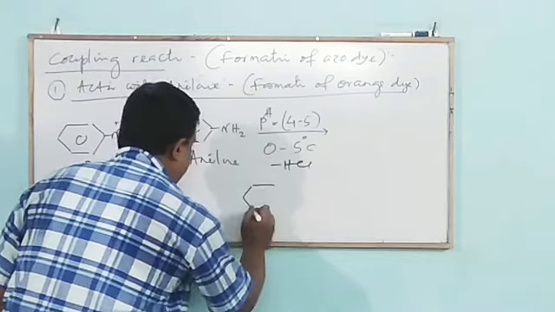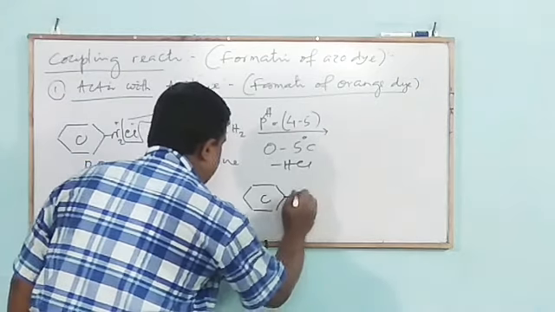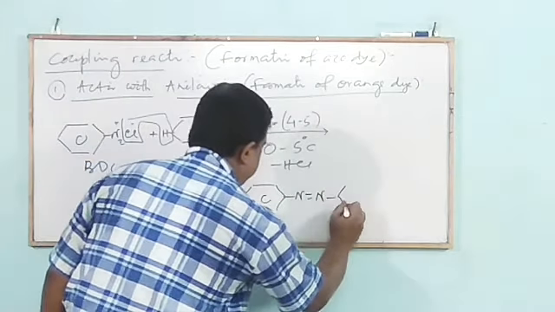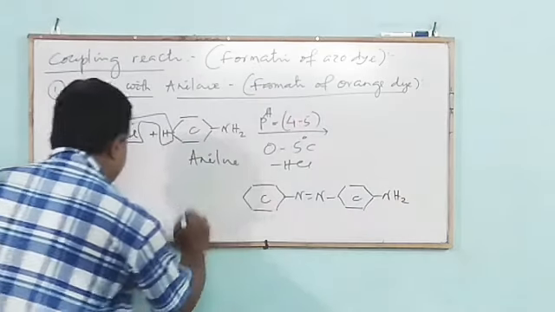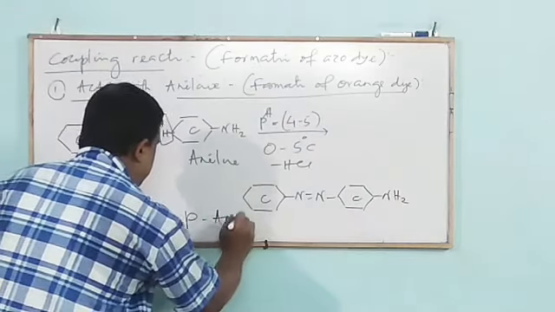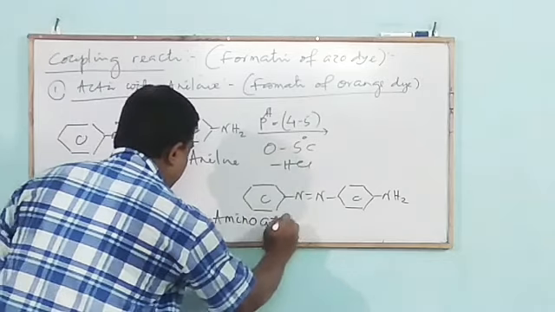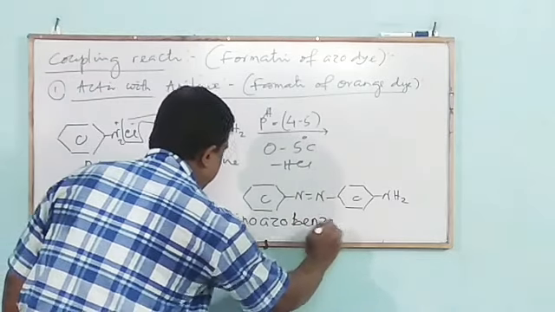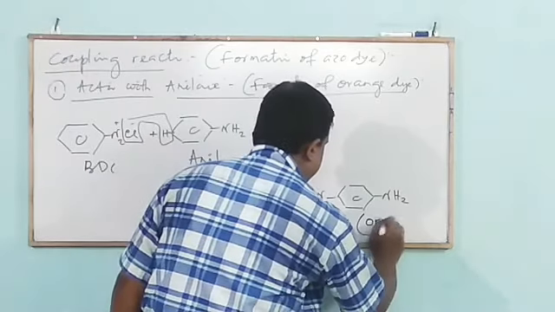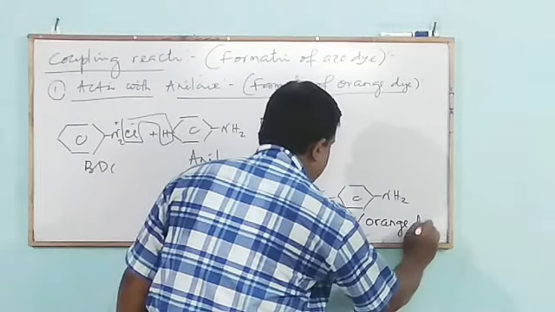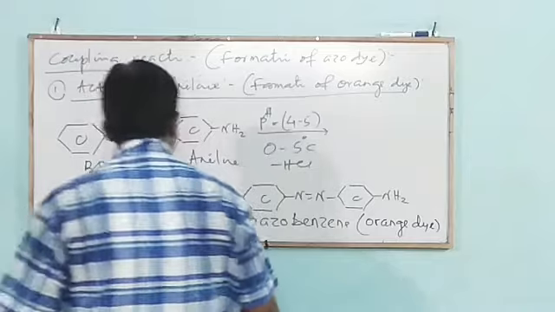What is the product? N double bond N, NH2. That is p-amino azobenzene. P-amino azobenzene, that is orange dye. I repeat again.